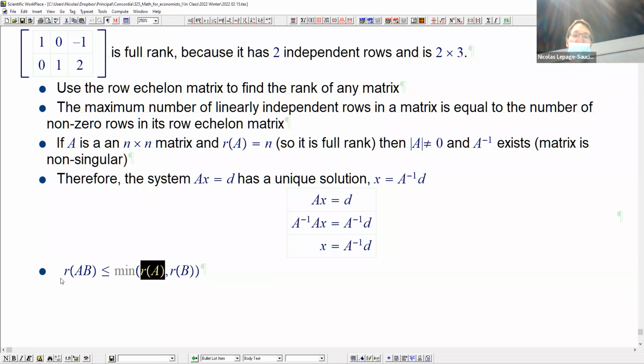You still have the minimum information that was inside your first matrix or inside your second matrix.